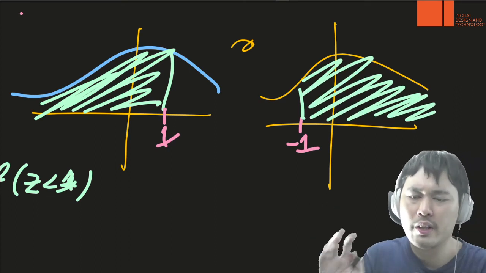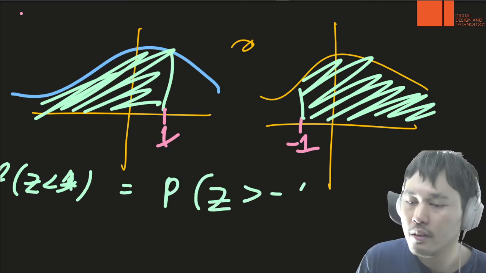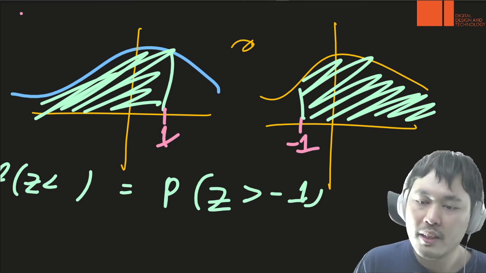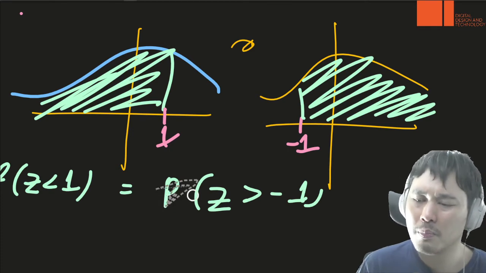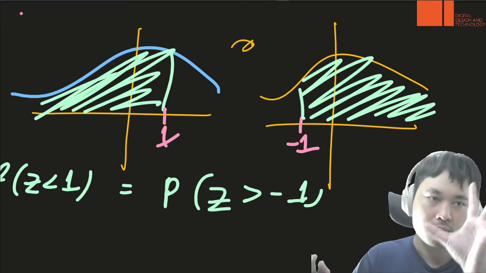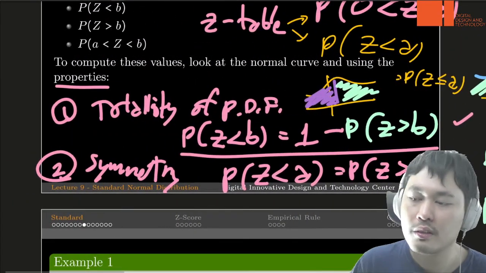So those two areas are still the same in the mirror. So the probability that z is less than 1 is equal to the probability that z is greater than minus 1, just by flipping the mirror. We have those two things.